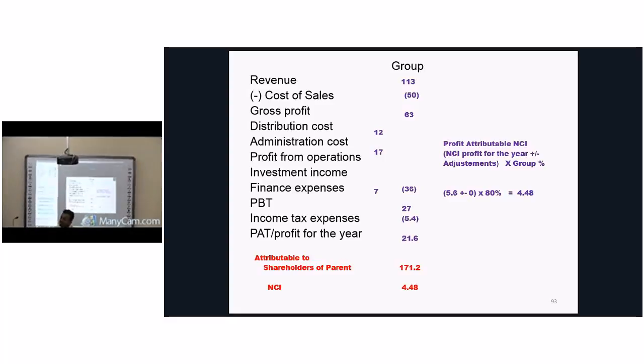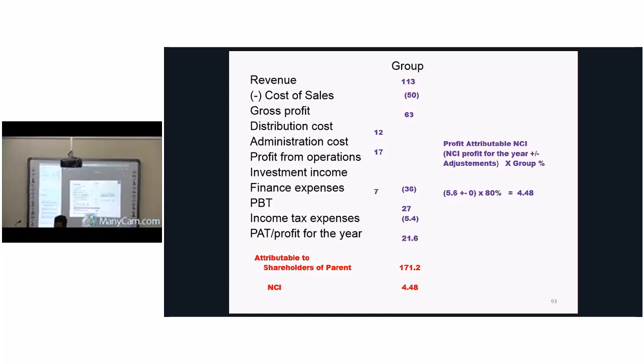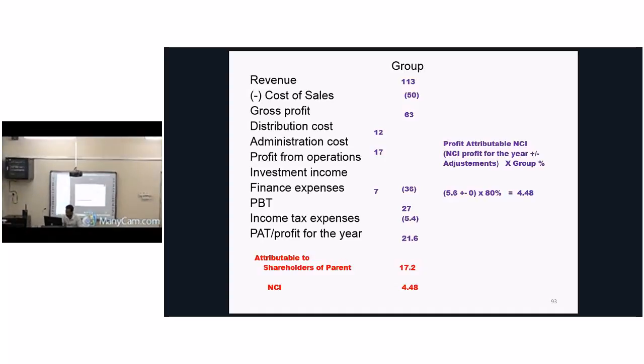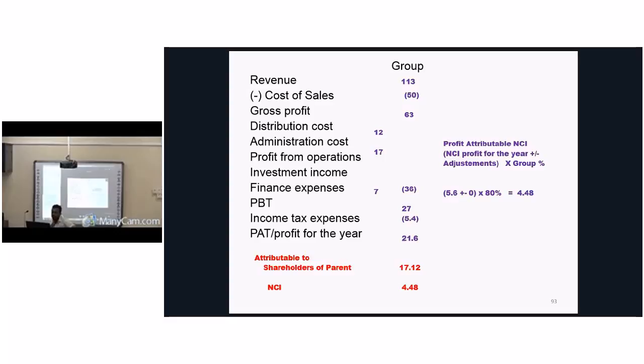Not 171, I made a mistake, sorry. 17.12, I made a mistake here. 17.12, right. So that's how we should split this profit attributable to shareholders of parent and non-controlling interest.